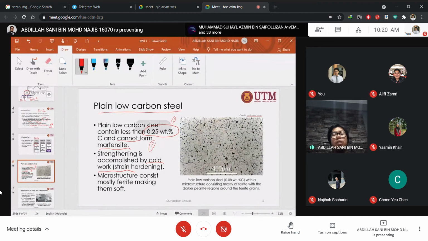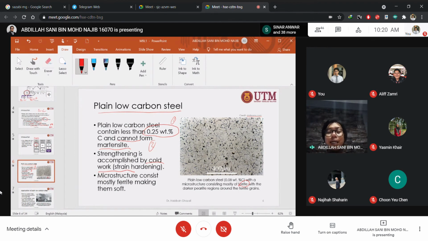Even if we expose this material to a slow or moderate cooling rate, the amount of pearlite is very little compared to the ferrite in the microstructure, because the amount of carbon itself is too little.